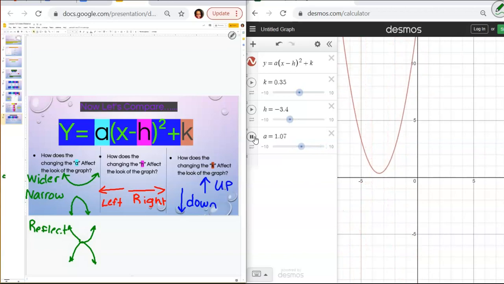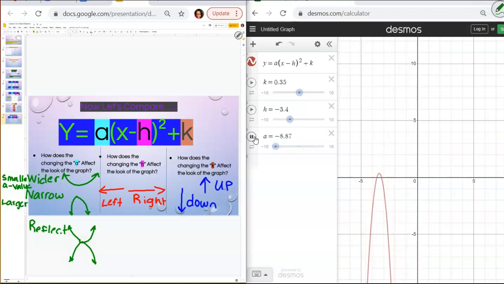So we'll say small A value, the wider it gets. So that means the larger the A value, the narrower it gets. That's true.